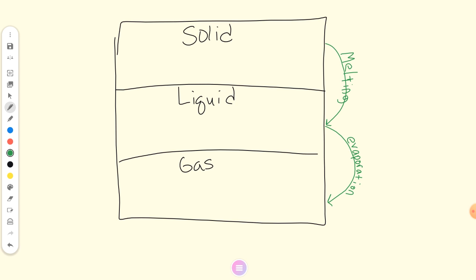Let's go the other way. We're going to draw two arrows here. What do we call it when a gas turns to a liquid? My hot air hits the cold window. Brant, what do we call that? When a gas is turning to a liquid, my hot air touches the cold window.